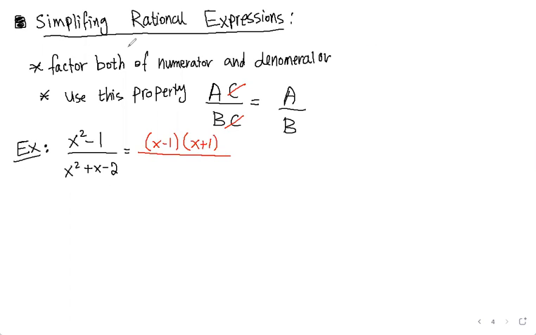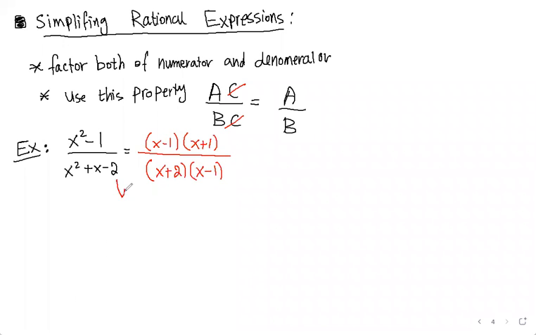For the second one, what is the factor for the denominator? This is a trinomial. x plus 2 and x minus 1.